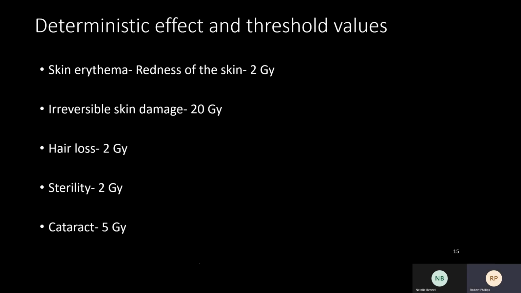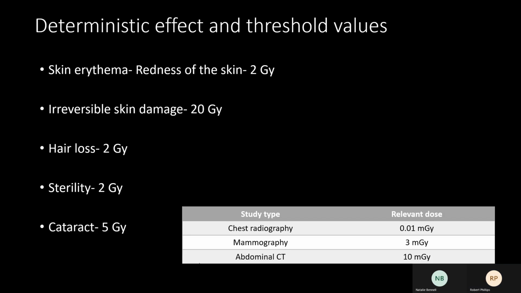These are a few examples of deterministic effects and their threshold values: skin erythema, that means redness of the skin, irreversible skin damage, hair loss, sterility, and cataract. And here are common radiological examinations and their doses.